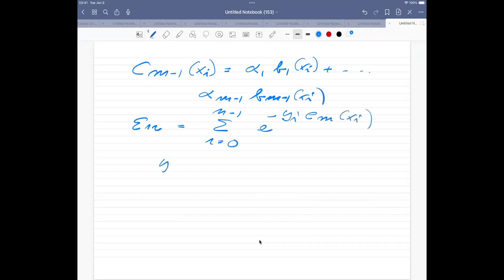And then we just recall that this y of i is either -1 or +1. And this function Cm is also either -1 or +1. So we do actually train a tree every case, and that returns either -1 or +1. It can be correct or it can be wrong.